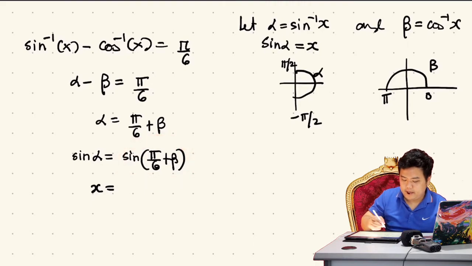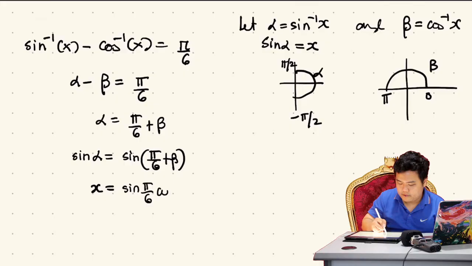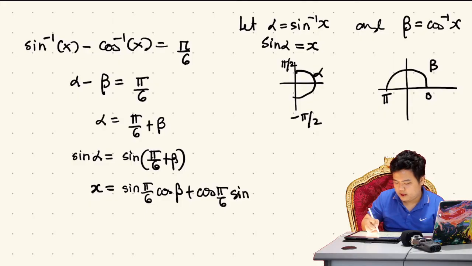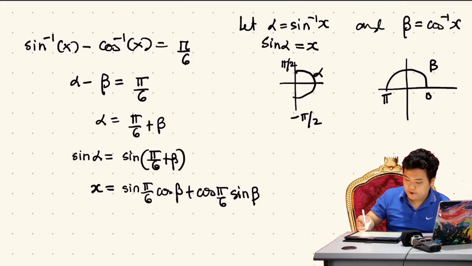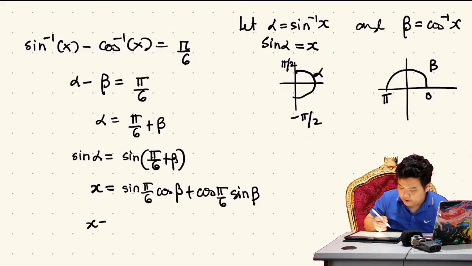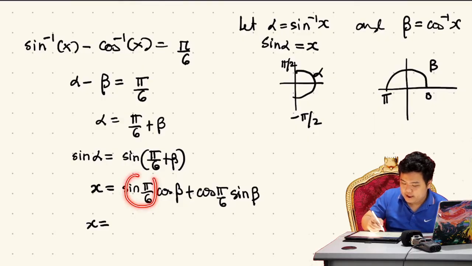So, using the sum identity, this is sin, cos, sin. Okay? So, simplify natin. X is equal to sine pi over 6 is 1/2.